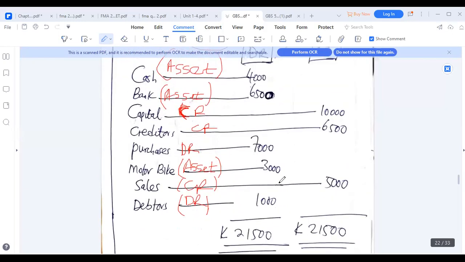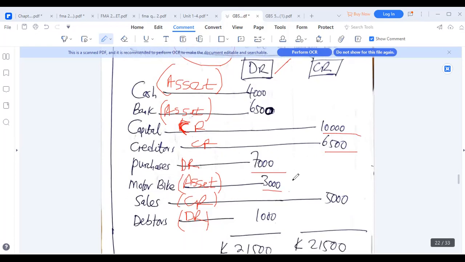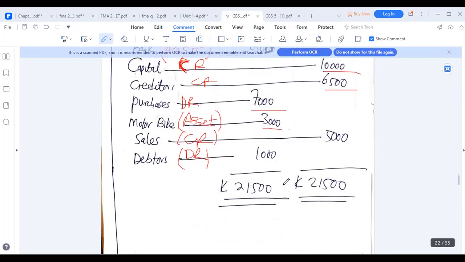So if you add these, the cash was 4,000, the bank was 6,500, capital was 10,000, the creditors was 6,500, the purchases was 7,000, and the motorbike we bought at 3,000 is on the debit side because it's an asset. The sales we are giving away is a credit. Anything else that we are giving away is a credit. The debtors is a debit because it's an asset. So we have the total of these.